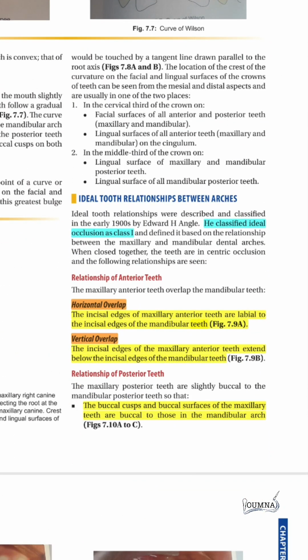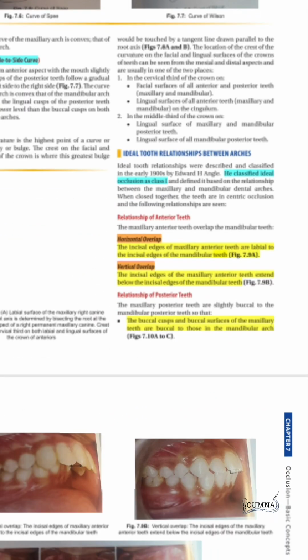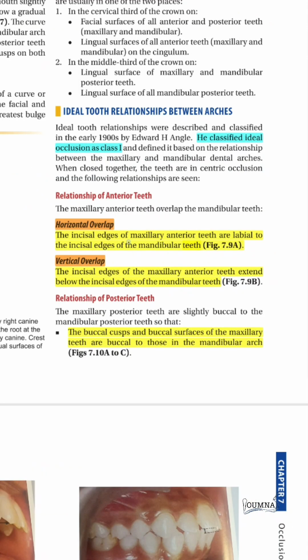Now, what is the criteria to classify that this occlusion is normal or ideal? We have some key steps, and we must know them. In the anterior region, we must have the horizontal overlap and the vertical overlap.